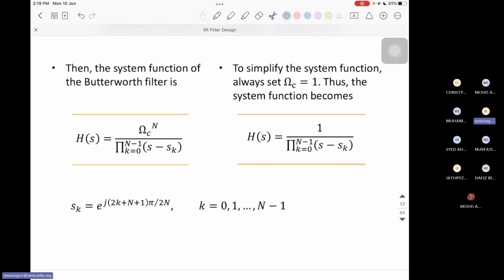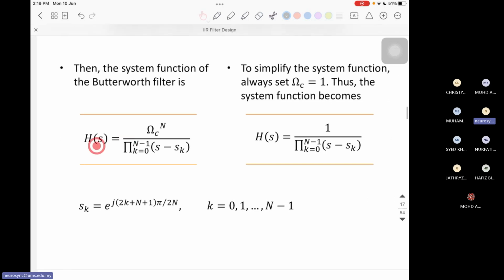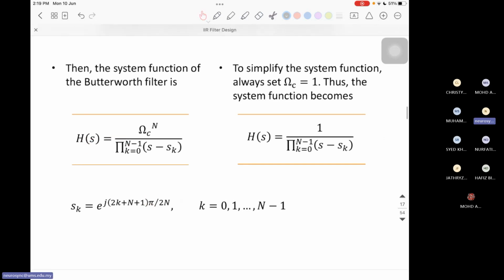So the transfer function, or system function, of this Butterworth filter is represented like this. If I define the filter in terms of poles, it is the product of s minus sk, where sk is the location of the pole, and k goes from 0 to N minus 1.